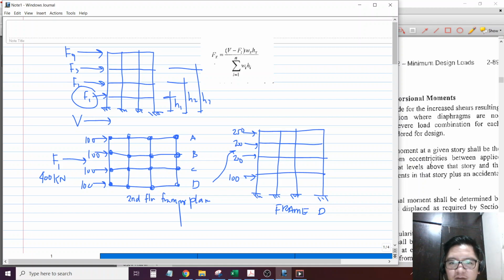Okay, let's say portal method. Therefore, using portal method, you can now generate the corresponding shear and moment diagram ng frame na to.